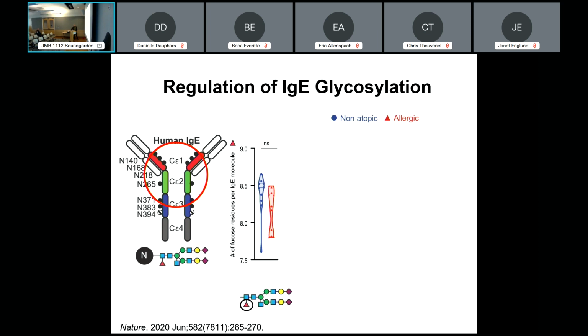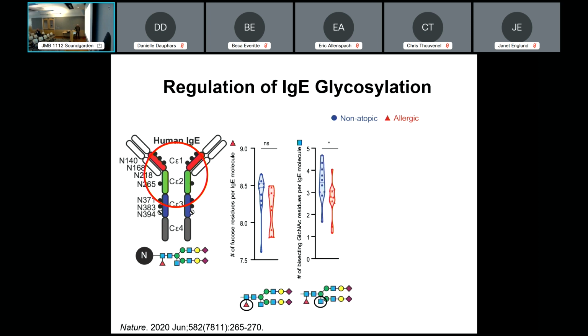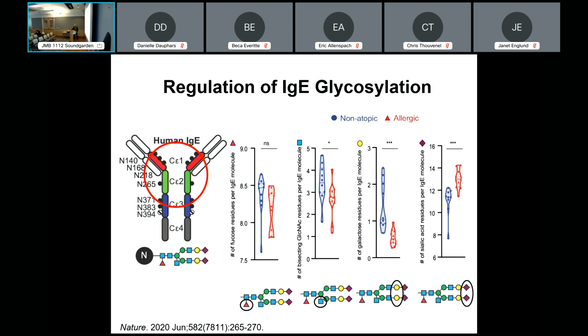So looking at fucose, we saw no difference looking at IgE in non-allergic and allergic. We started to see a slight difference in the bisecting N-acetylglucosamine, which was a little bit enriched in the non-allergic IgE. But we got very excited because there was a clear enrichment of terminally galactosylated glycans in the non-allergic IgE, and conversely enriched sialylated glycans on the allergic IgE.